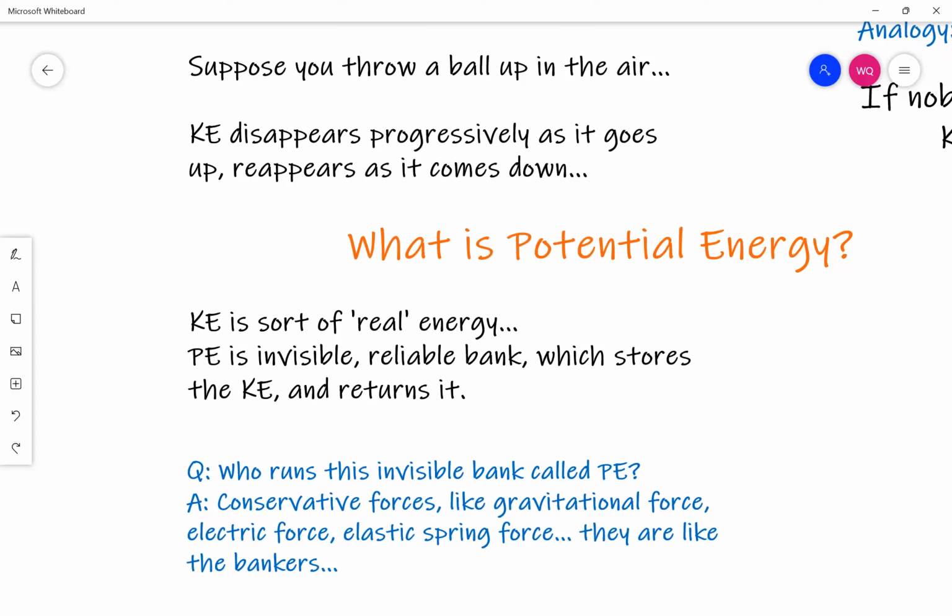To understand why there is a need for this concept called potential energy, we really need to ask where did the KE go to? So we go into something, just an imagined account, called potential energy. KE is sort of real because you measure the mass, you measure the speed, and you come out with a formula half mv squared.